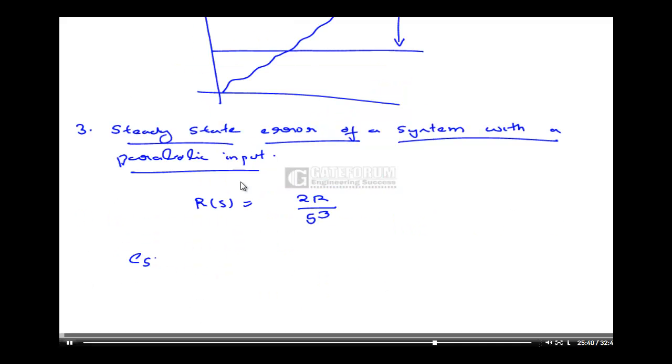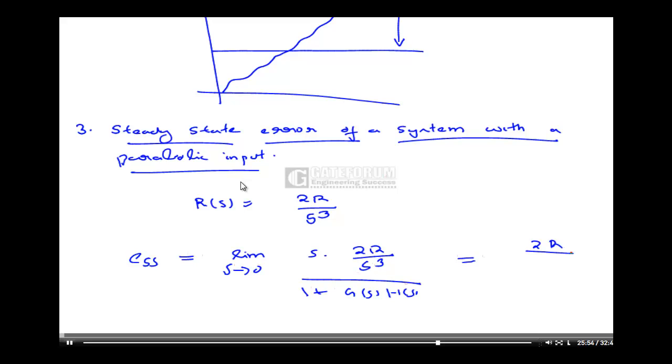So substituting this in ESS, limit s tending to 0, s times 2R upon s cube over 1 plus G(s)H(s), I will have this as 2R upon s square times 1 plus G(s)H(s), limit s tending to 0. So I can write my ESS as nothing but 2R over limit s tending to 0 of s square G(s)H(s).